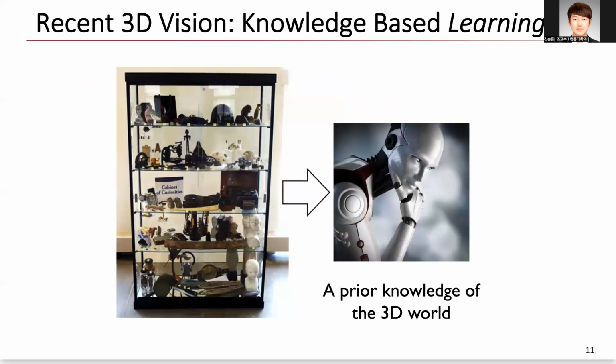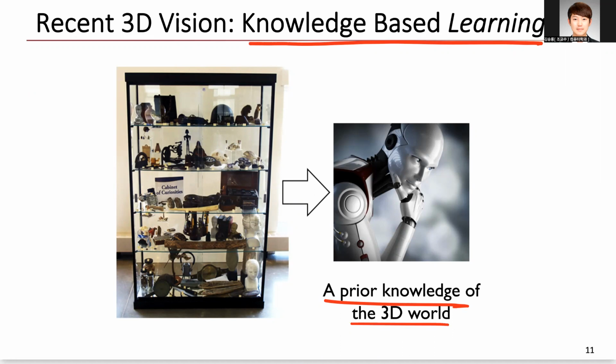But nowadays, recent 3D computer vision is more focused on knowledge-based learning. In other words, similar to other computer vision tasks, 3D computer vision tries to learn prior knowledge of the 3D world in a machine learning manner.